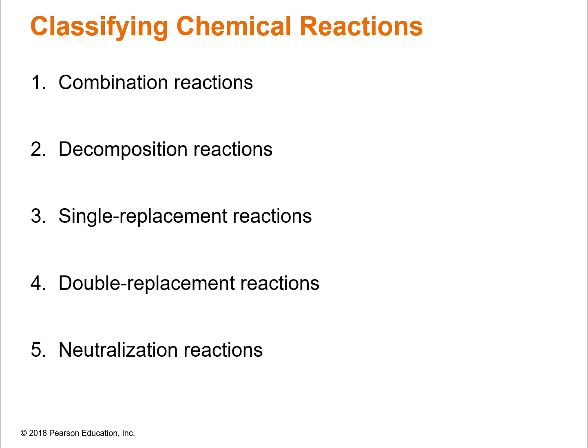The first type that we're going to cover is combination reactions. This is where you're taking simple reactants and you're forming one complex product. The key here is the number, right?